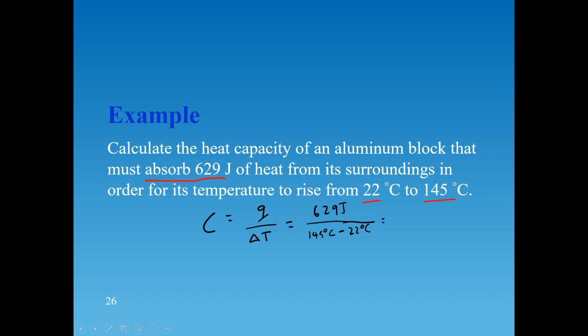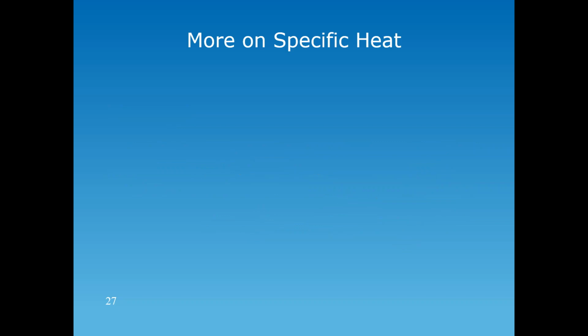According to my calculations, when rounded off to 3 sig figs, this works out to be 5.11, and the units would be joules per degree Celsius. And that's basically how that is done. All right? Okay, so much for that example.